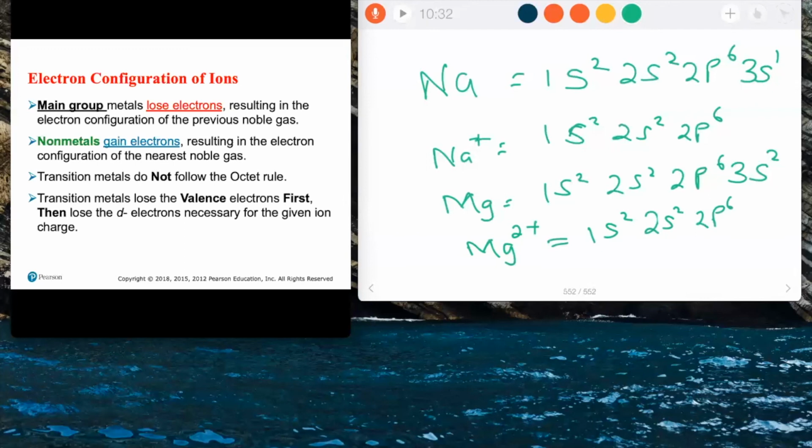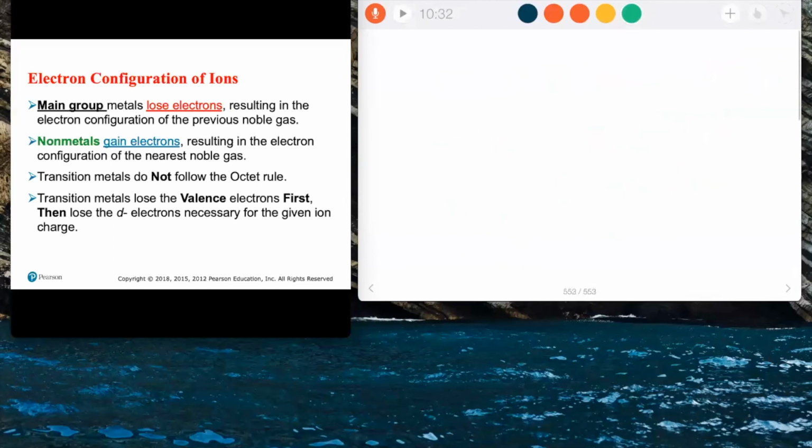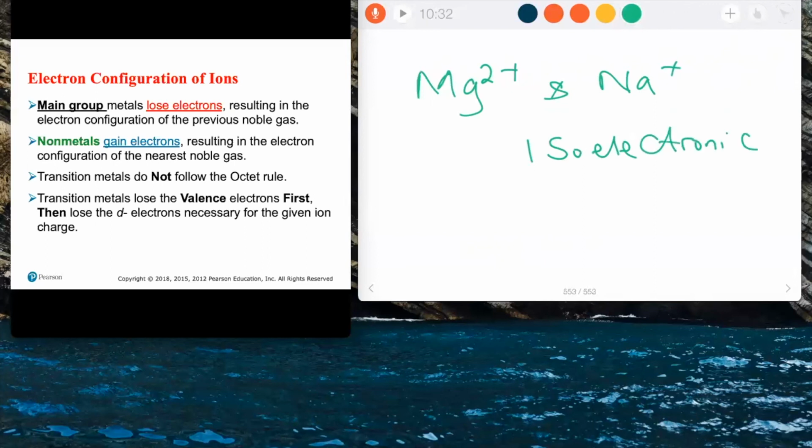We are less by 2 electrons. And remember what we said earlier on, Mg2+ and Na+ are isoelectronic. That means they have the same electron configuration. Just a recap: isoelectronic species have the same electron configuration.